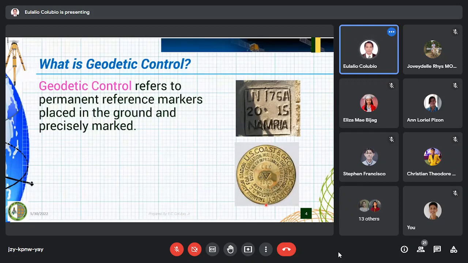The president at that time ordered the mapping of the islands of the Philippines. That's why we can still find these monuments, but seldom now, because I think they haven't been destroyed yet. Later on, I will show you an example of these monuments found in Ibo, Lapu-Lapu City.